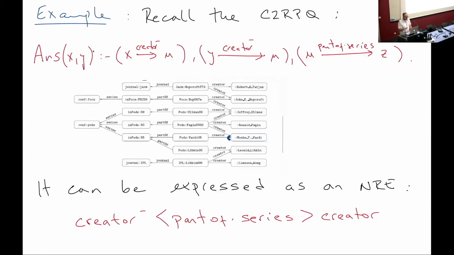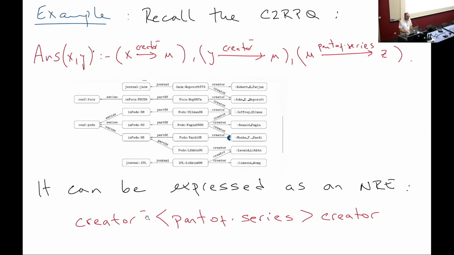So for instance, we can express some C2RPQs with a nested regular expression. Remember that this was the C2RPQ that gives us pairs of authors that have a joint conference paper. This is how we wrote it. But now we can express this without using variables, with the use of a nested regular expression.